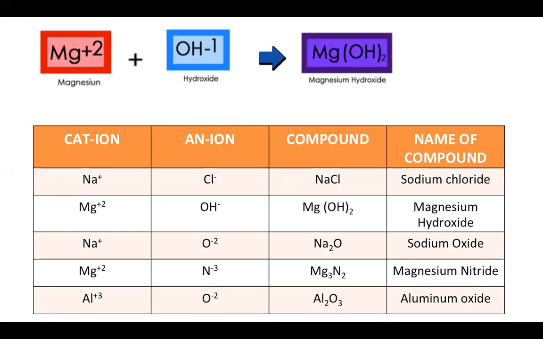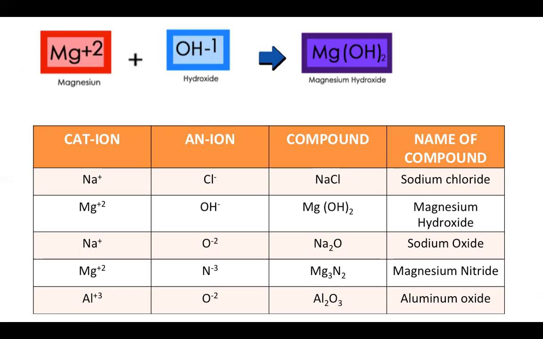Then you have also Na plus oxygen, you have Na2O. Mg plus nitrogen, you have Mg3N2. Al3 and O2, you have Al2O3.